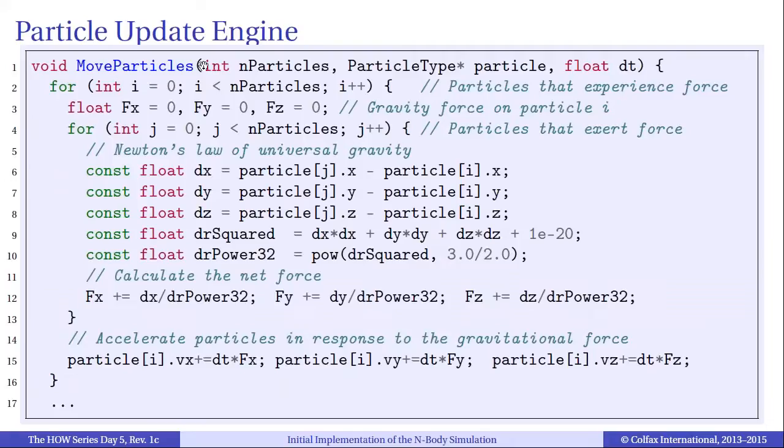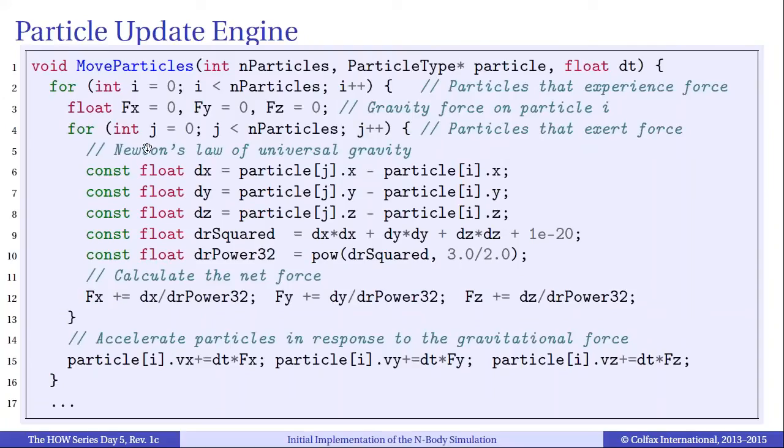So this is my initial approach at implementing the n-body algorithm. I have a function that takes an array of particles, and it has two nested loops. Loop in line 2 goes over particles that experience force, and these are the force components that I'm going to calculate, Fx, Fy, Fz. Then I have another loop that goes over all particles that exert force.